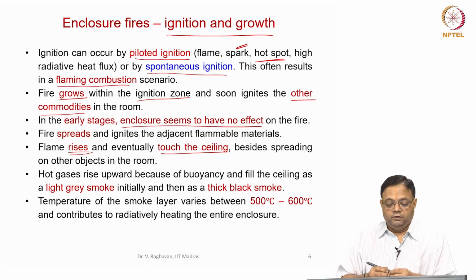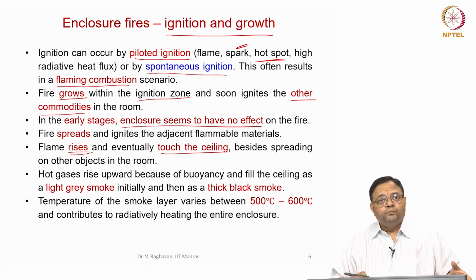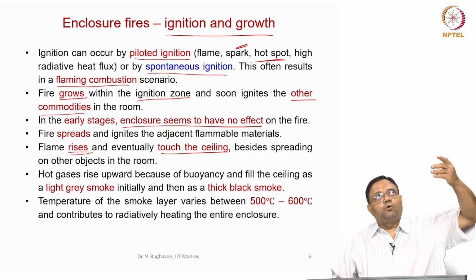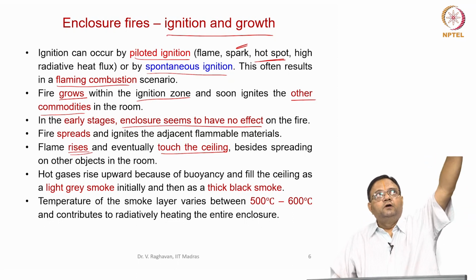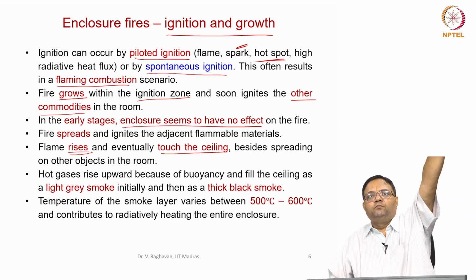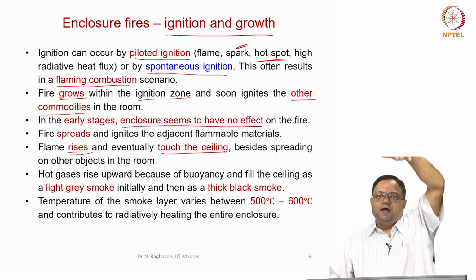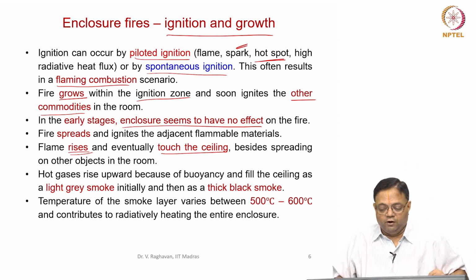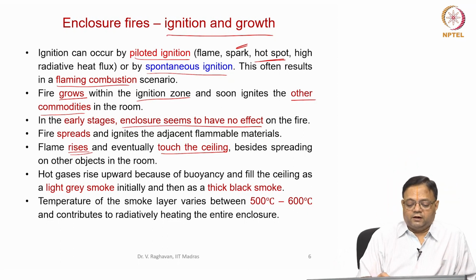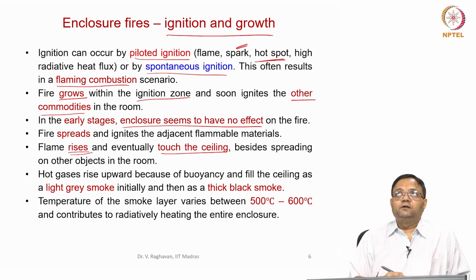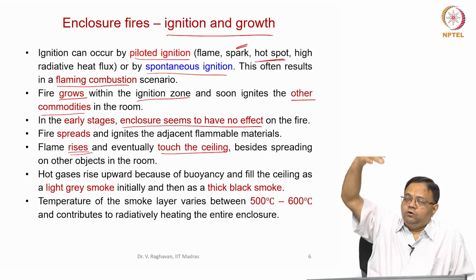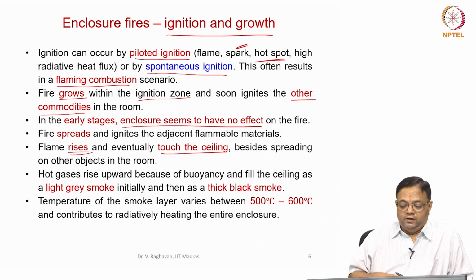That is one condition. The fire rises or the plume goes and hits the ceiling. That means once it hits the ceiling, it may spread as a horizontal ceiling jet and a hot layer is formed at the ceiling also. So this is another condition, that this hot layer can also try to heat up the materials in the enclosure.